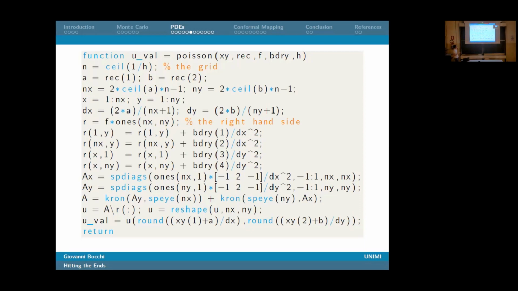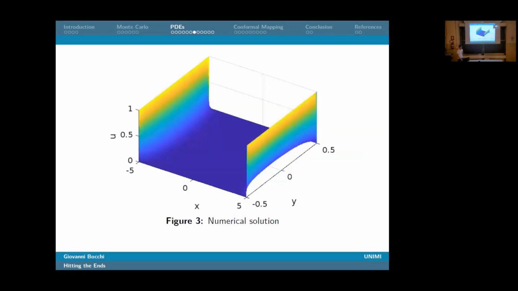We will then have uval, essentially our estimate for p, as U evaluated at the point of the discretization that is closest to (0, 0). Actually, here we chose a discretization in which we always have (0, 0) as one of the points, but in principle it could also not belong to the grid.